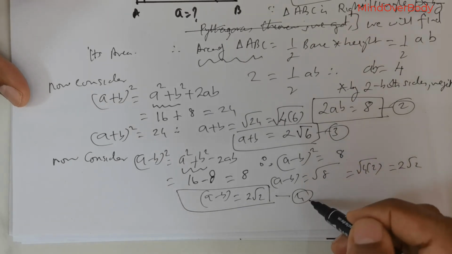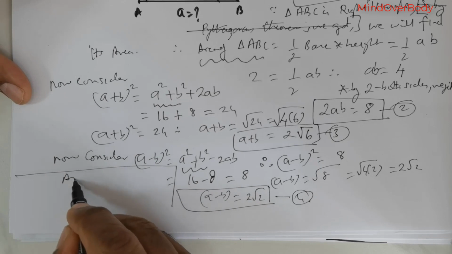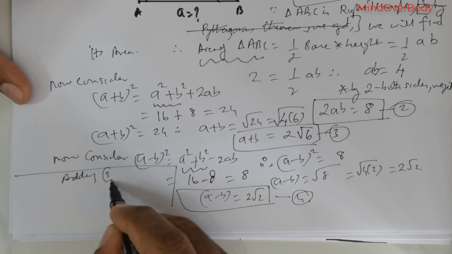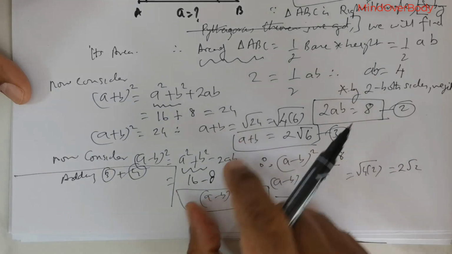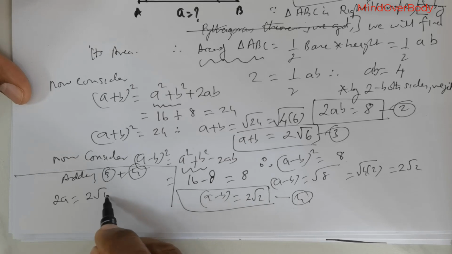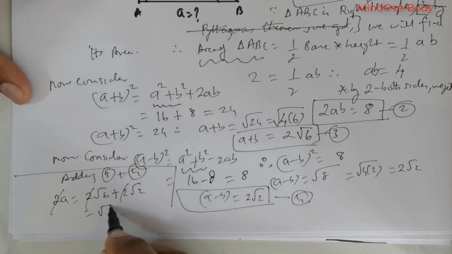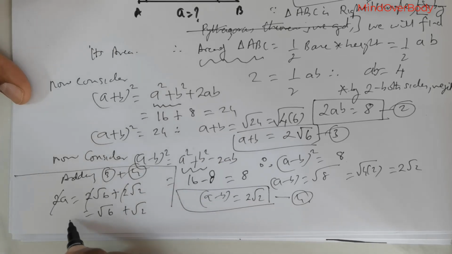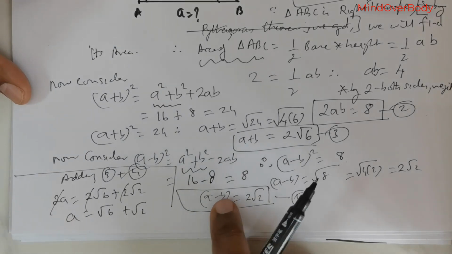So adding 3 with 4, let me use this part of the page. Adding 3 with 4, what do you get? 2A is equal to 2 times root of 6 plus 2 times root of 2. The 2 gets cancelled here, which is nothing but root of 6 plus root of 2 is equal to A. This is A, and what would be B?